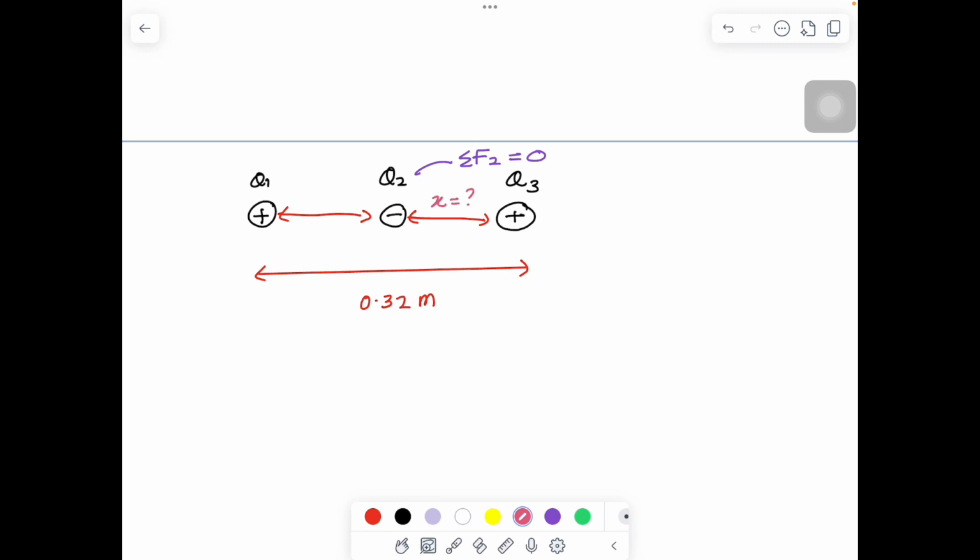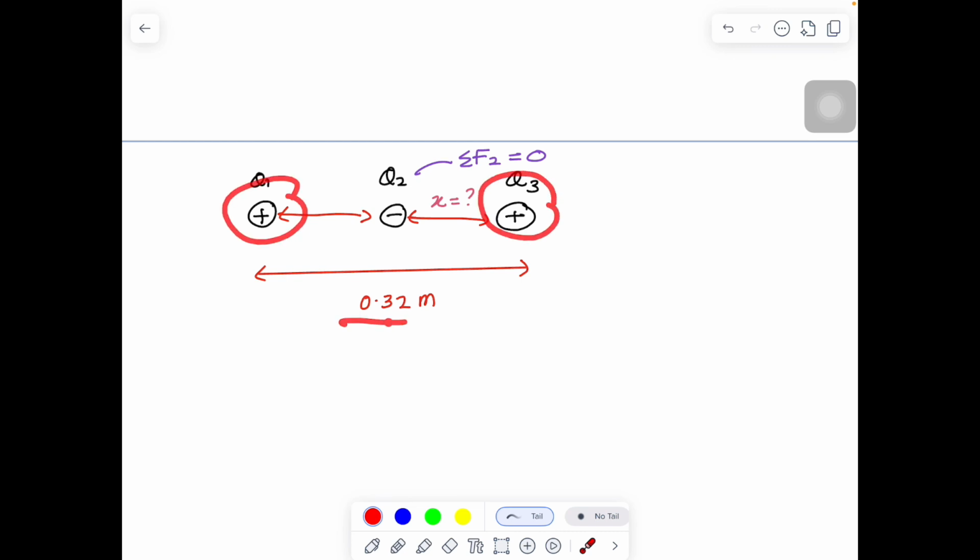So maksudnya the distance dekat sini pun is also unknown, right? We also don't know. But we know that from here to here is 0.32. So maksudnya kita boleh nampak di sini, daripada sini ke sini adalah 0.32 tolak X. So from here to here is 0.32 minus X.